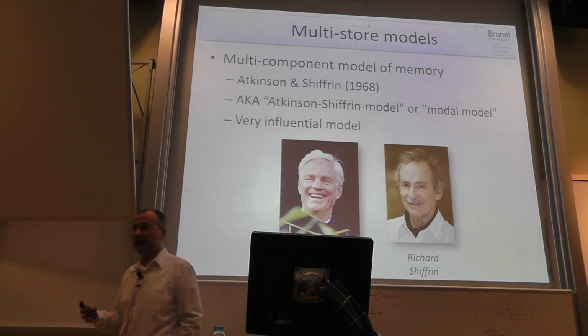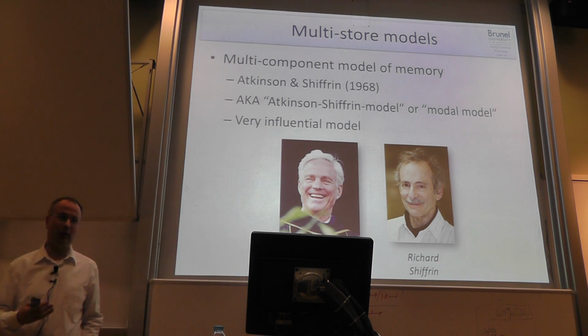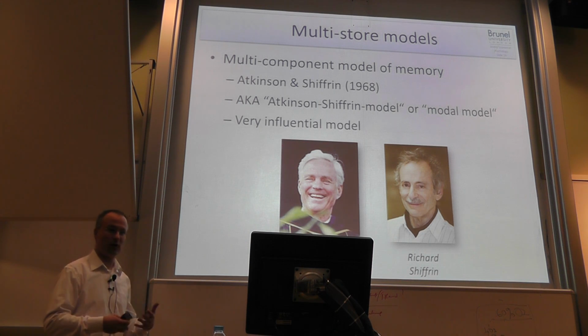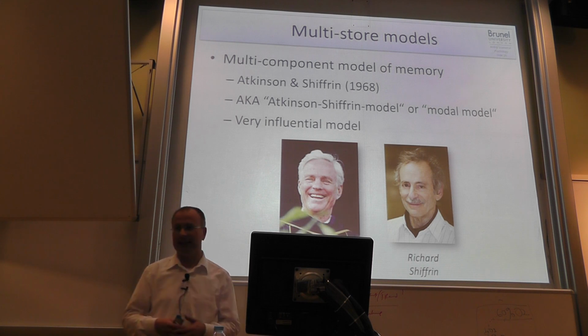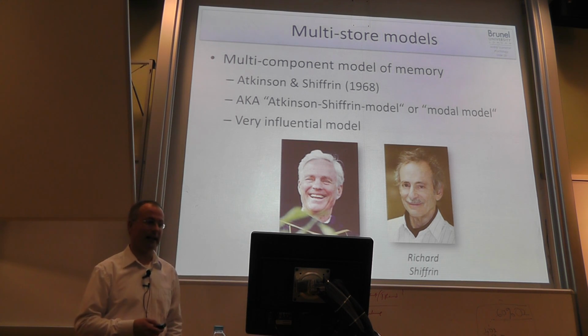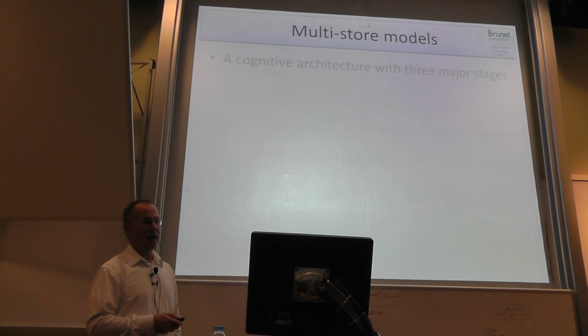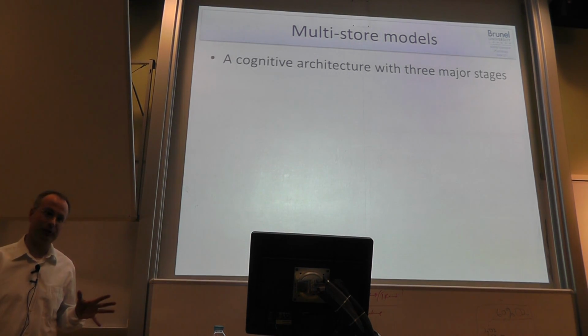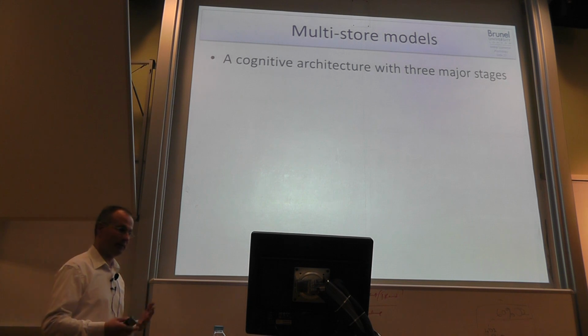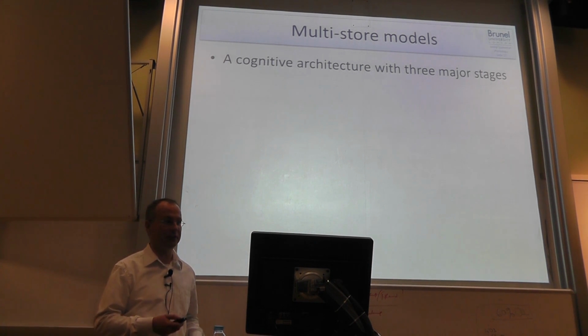And it has been very, very influential in psychology because it was one of the first models. It's a rather comprehensive model. Nowadays, we will see it's a little bit outdated and not entirely accurate. Okay, so basically their model is a cognitive architecture of the mind with 3 major stages.